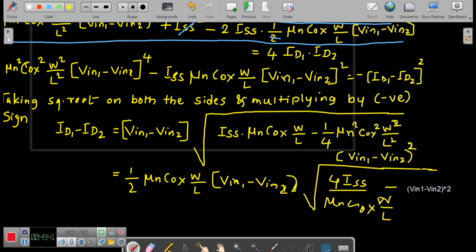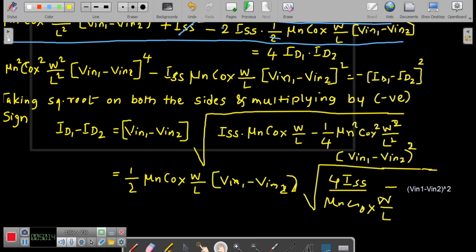So this is the final equation which I wanted to give you, that is the drain current ID1 minus ID2 in terms of V in 1 minus V in 2. This is what we had claimed in the beginning also: in the quantitative analysis, quantify the behavior of the MOS differential pair as a function of input differential voltage, which is V in 1 minus V in 2.